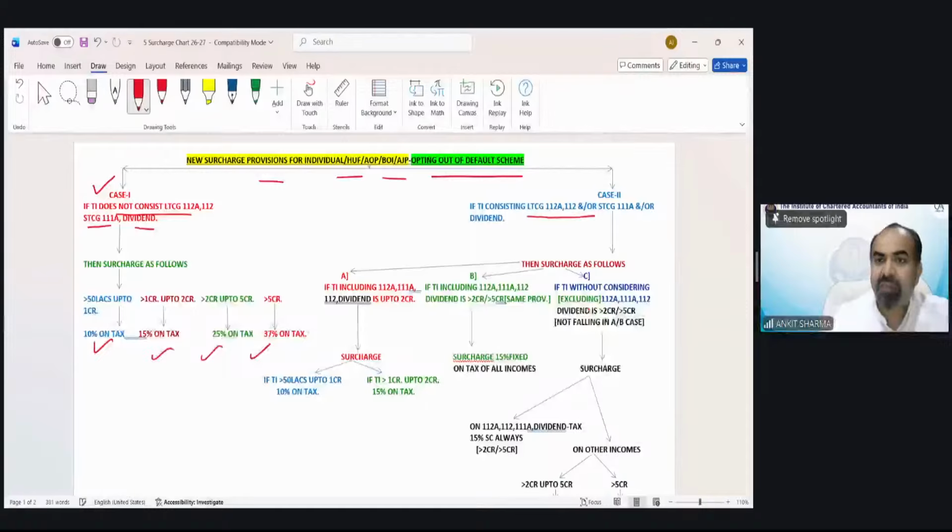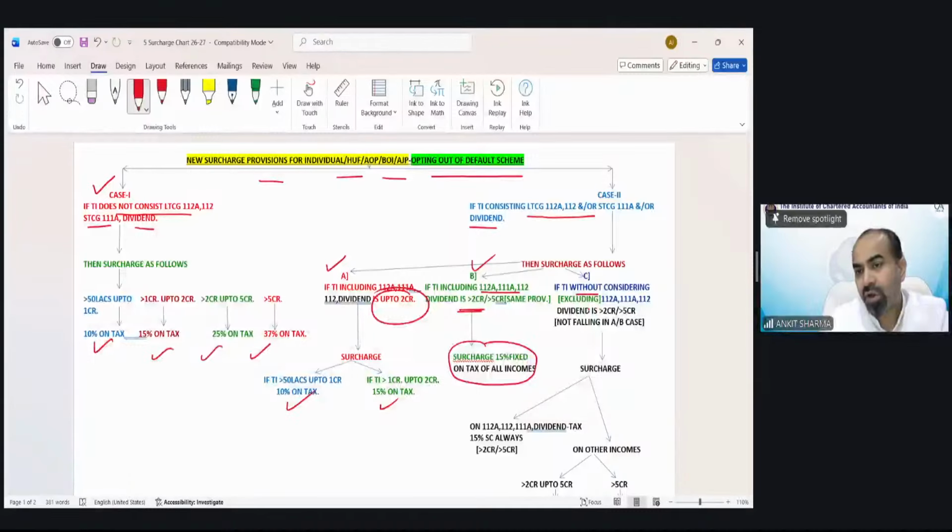If these incomes have been included in the income, in that case, category A: if total income including these incomes is up to 2 CR, if it is more than 50 lakh up to 1 CR, 10%. If more than 1 CR up to 2 CR, it's 15%. What if more than 2 CR? That case falls in category B. If after including these incomes the total income exceeds 2 CR, or 5 CR, does not matter, the surcharge rate would remain the same, 15% on the total tax.